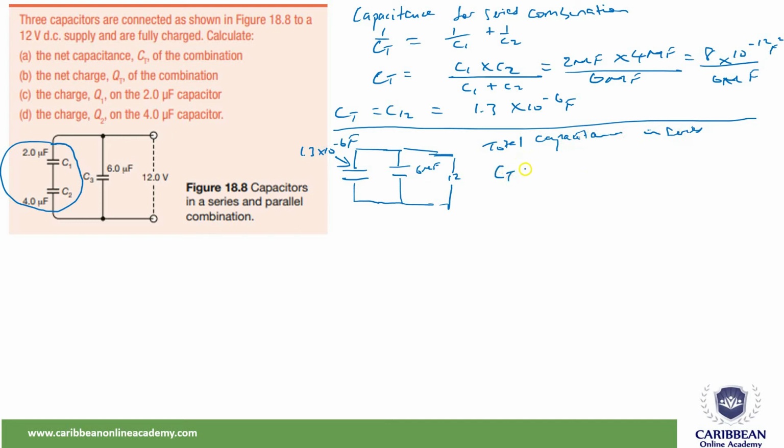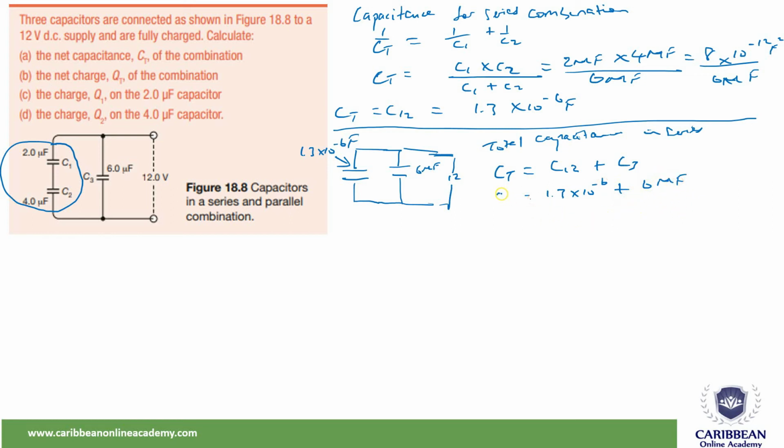So CT is going to equal C12 plus C3. C12 was determined to be 1.3 times 10 to the minus 6 plus the 6 microfarad, which is the same thing as saying 6 times 10 to the minus 6.